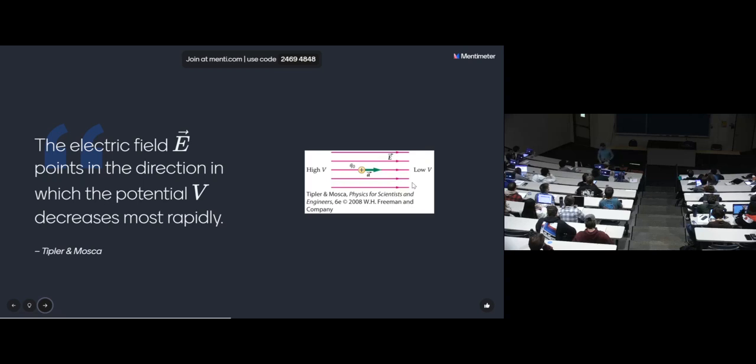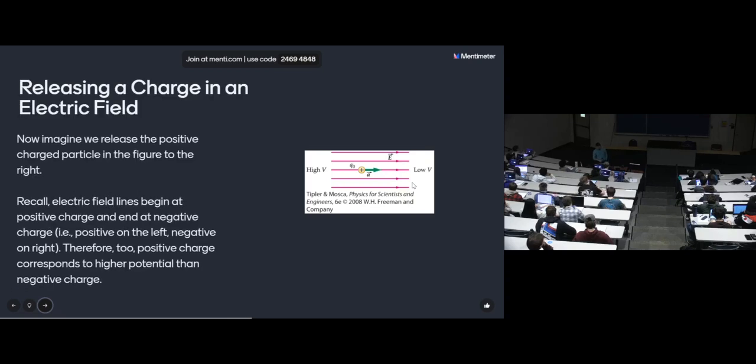And no, this is a lot to throw at you. I'll show you that same PhET demonstration in just a second, where we had the charges and the electric field, but we're going to drop electric potential onto that grid as well. So if I release a charge in an electric field, we release the positive charge particle in the figure to the right. Recall that the electric field lines begin at positive charge, end at negative charge.